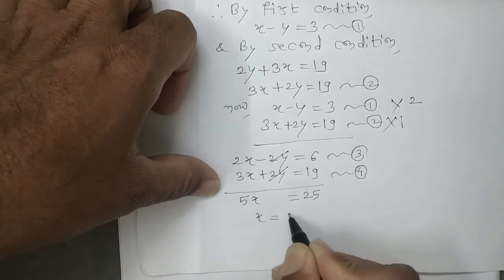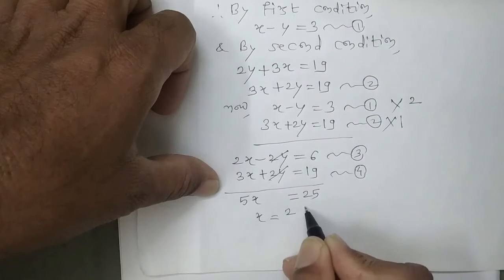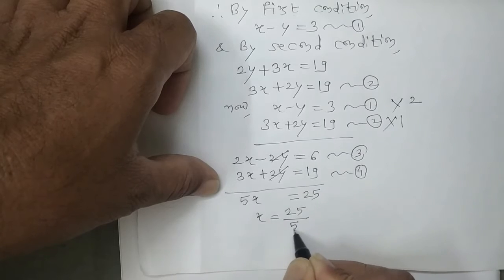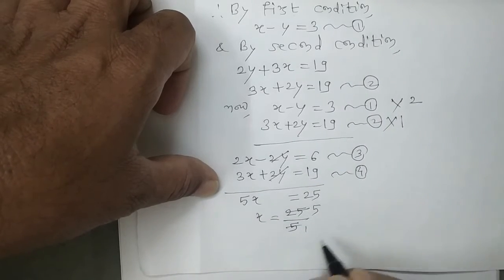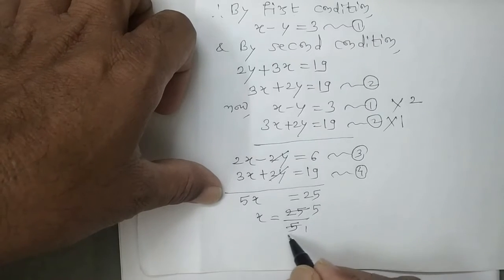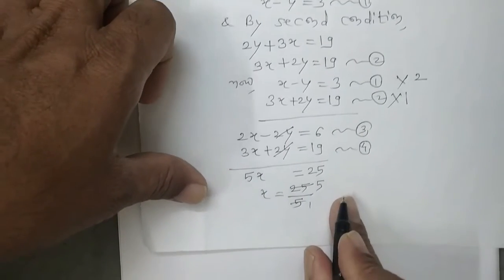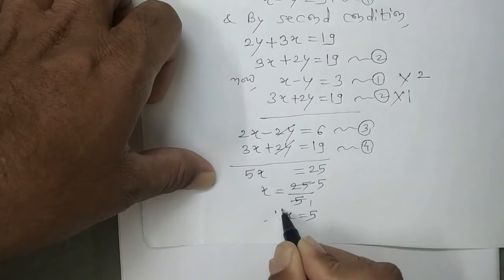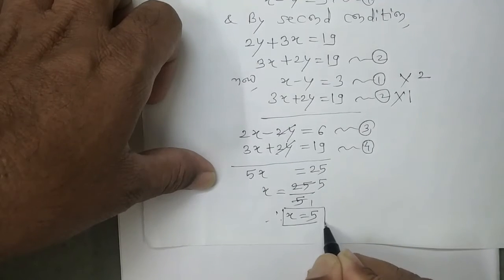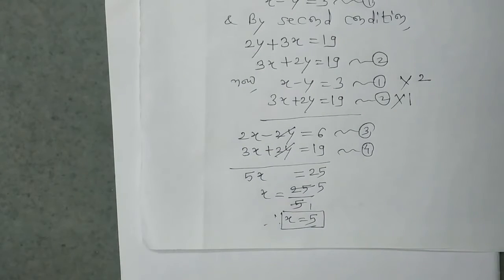Therefore x is equal to 25 upon 5, dividing by 5. Therefore the value of x is equal to 5. We get the value of the first variable x.